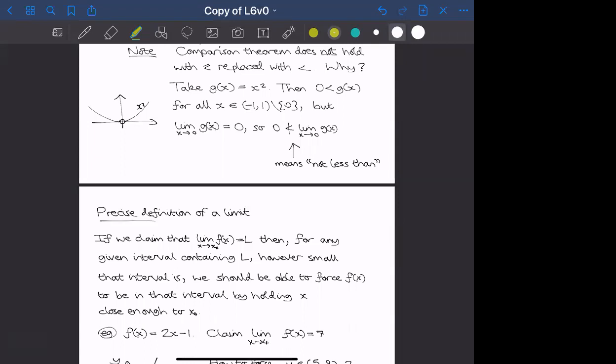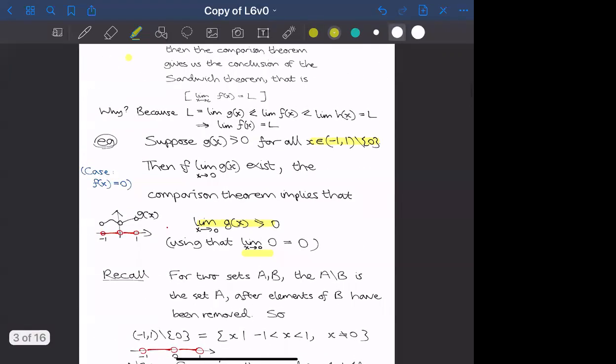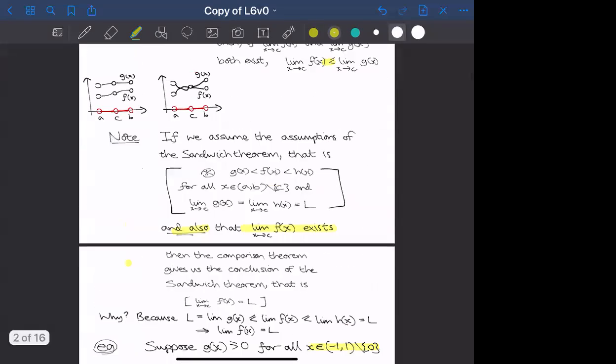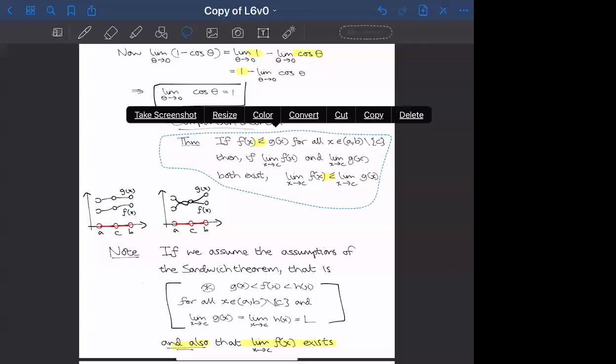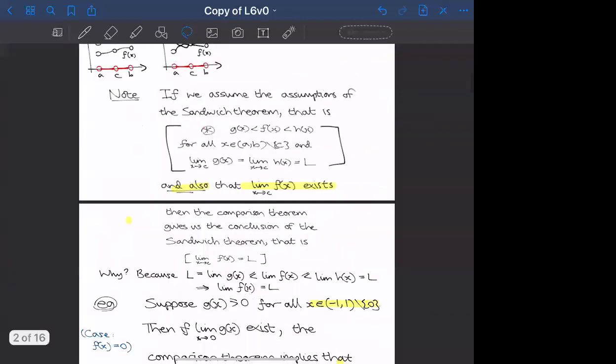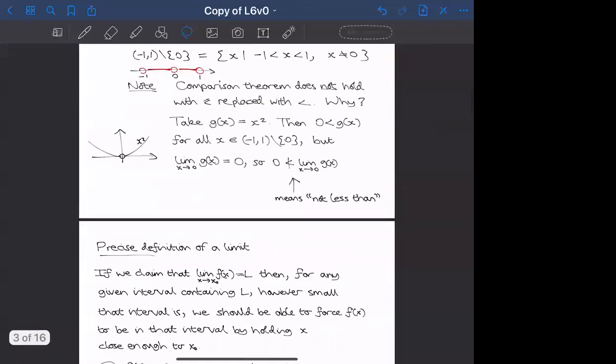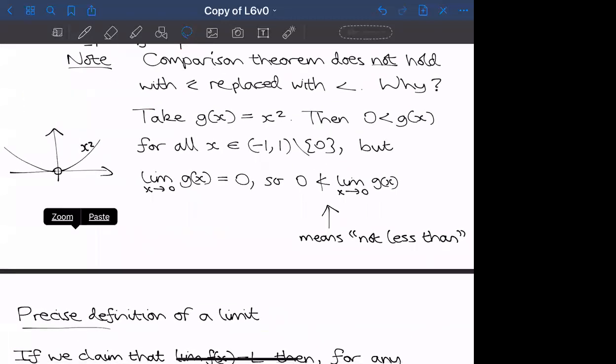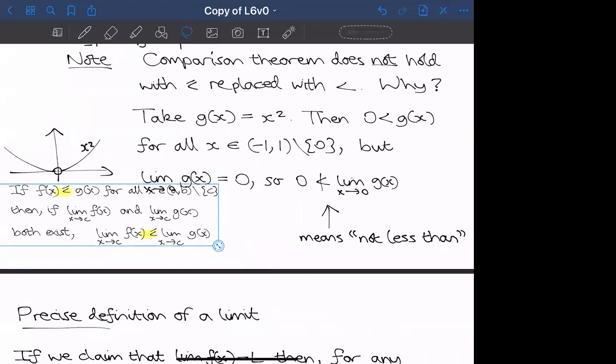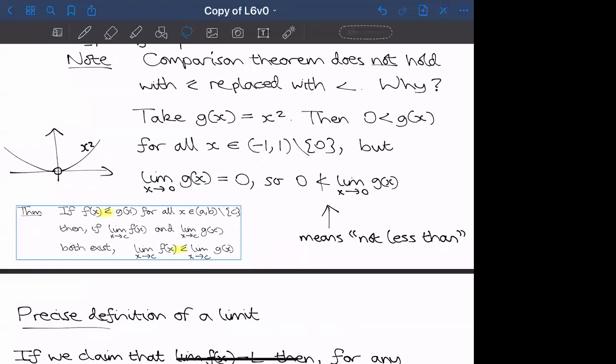If it was less than, so let me copy the comparison theorem. So here's the comparison theorem here.